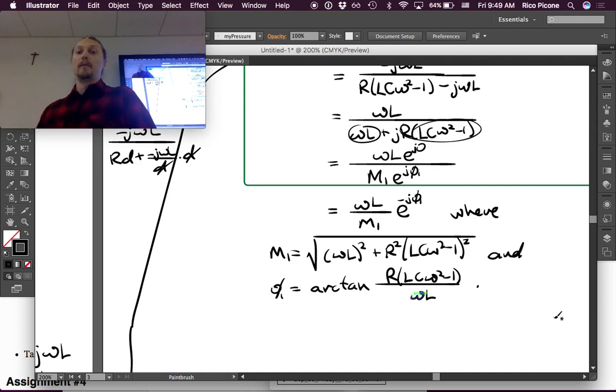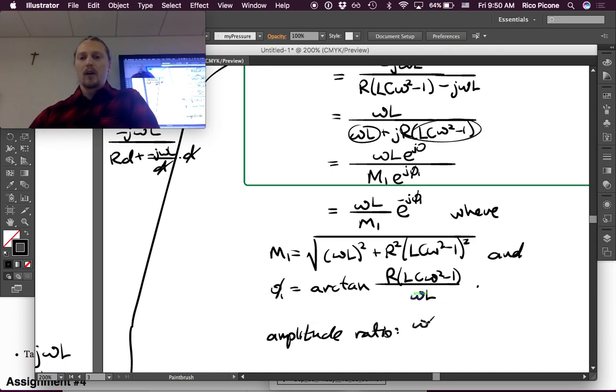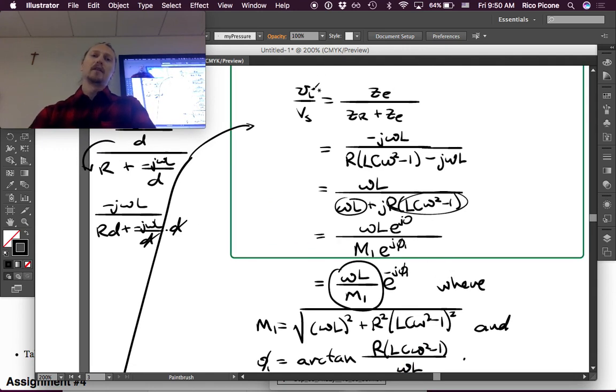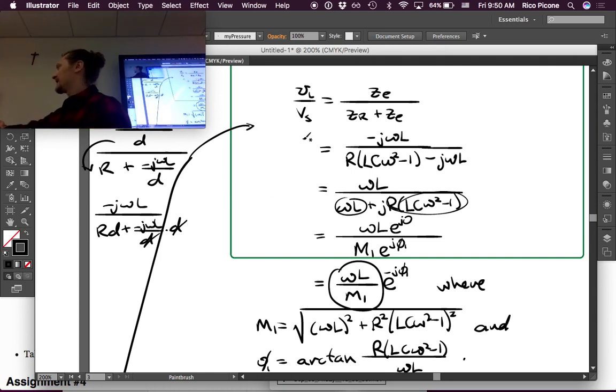If we want to know the amplitude ratio, all we need to do is read it off of this. So the amplitude ratio is just omega L divided by m1, which just came from right here. That's the amplitude ratio, because what we have here as a solution is VL over VS, so whatever the amplitude of that is, is the amplitude ratio.